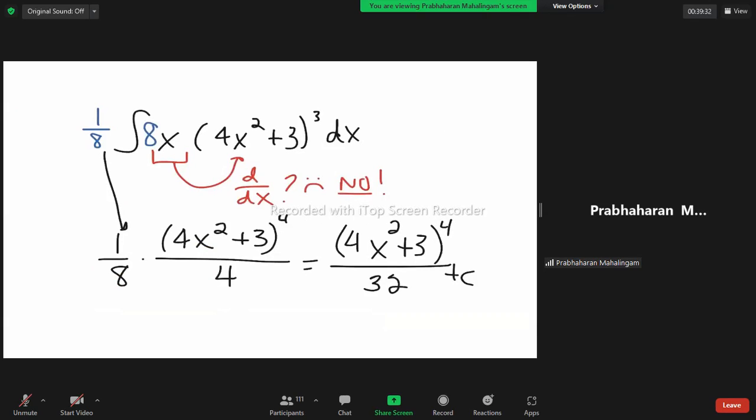So here, why is this 1 over 8 there? Hello, why 1 over 8? You see, this is the n. This 3 is the n, not that 3. Power 3 is n. n plus 1, 3 plus 1, 4. Divide by 4. So, okay.